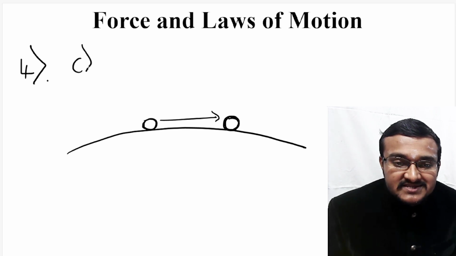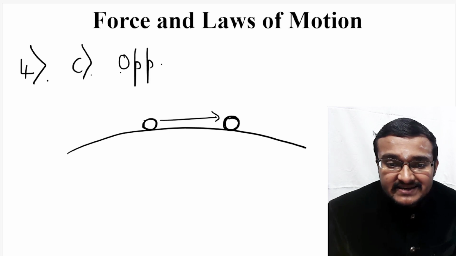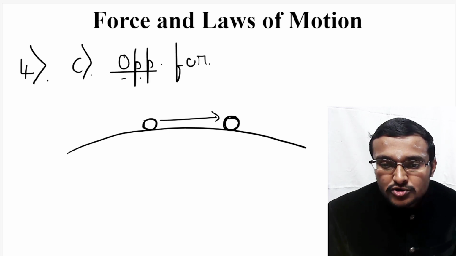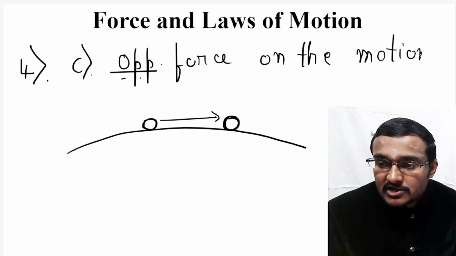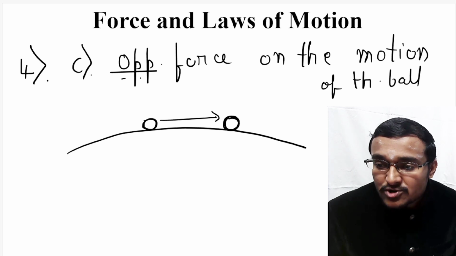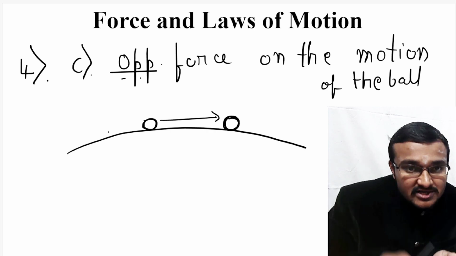Here option C is correct, because in option C they have given that there is an opposite force on the motion of the ball. What is the opposite force? The ball is rolling on the ground.